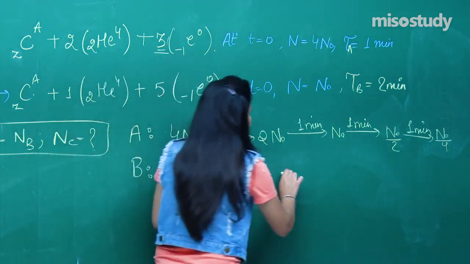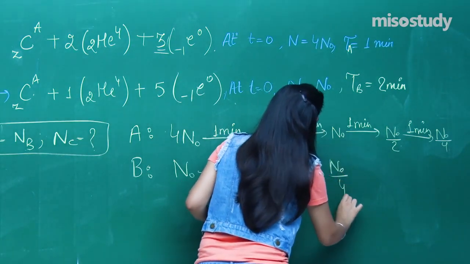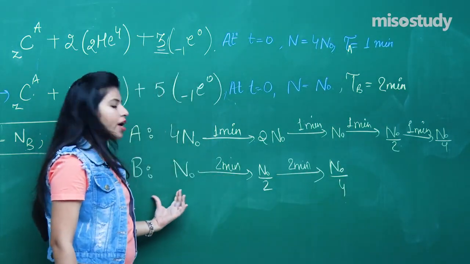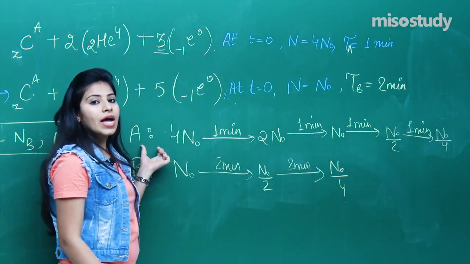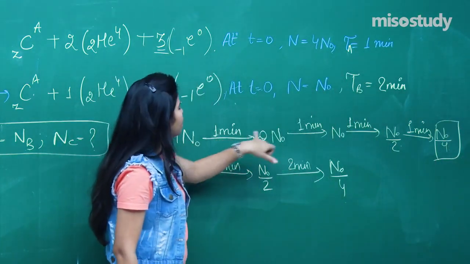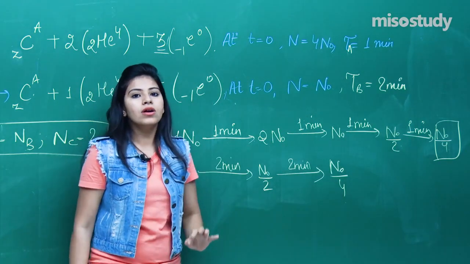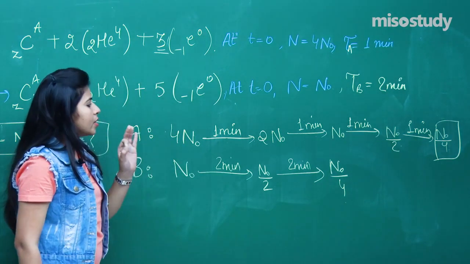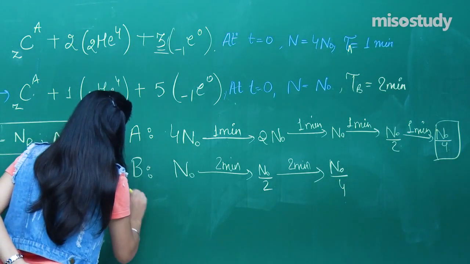So again after 2 more minutes it will become N0 by 4. So after 4 minutes the nuclei of B has reached N0 by 4, and A has also reached N0 by 4 after 4 minutes, 1 plus 1 plus 1 plus 1. So after 4 minutes you are having the nuclei as N0 by 4. Now you can see here after 4 minutes your Na and Nb are equal.